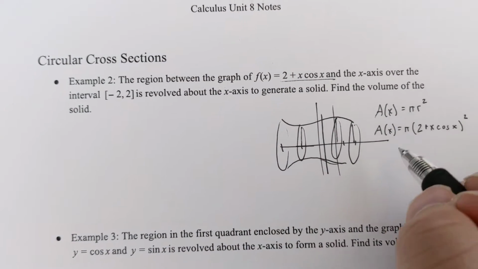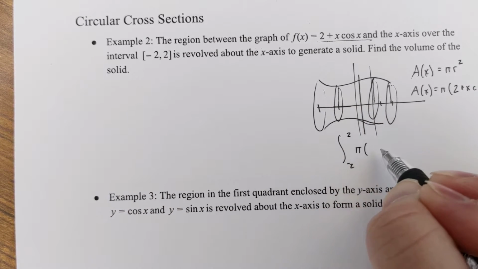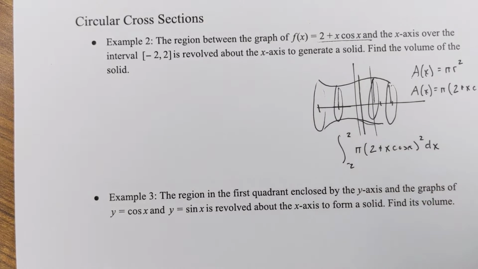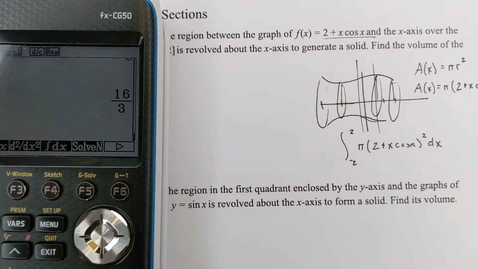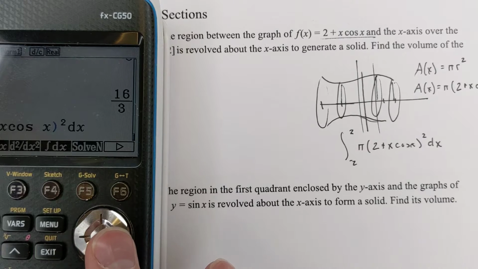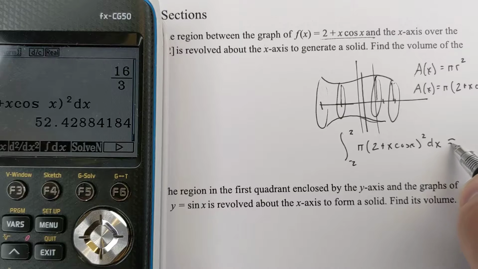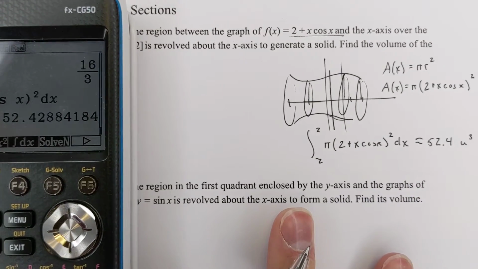Now we go from -2 to +2, so we set up the integral from -2 to +2 of pi radius squared dx, and I'm going to let my calculator do this. The integral of pi times (2 plus x cosine x) squared from -2 to +2 gives me a volume of about 52.4 units cubed, since it doesn't tell me my units.